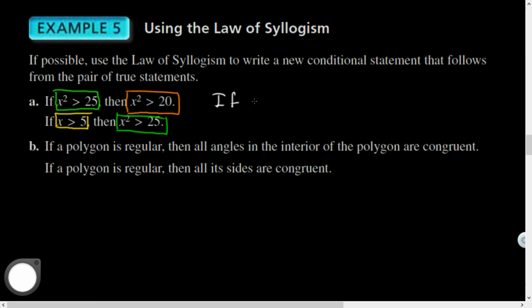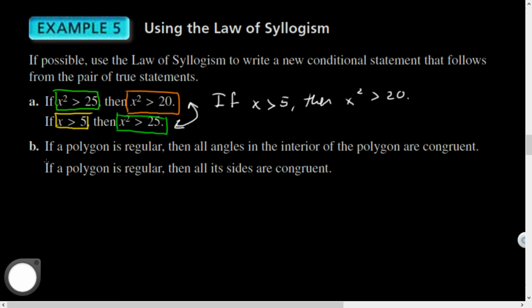So yeah, if x is greater than 5, then x squared is greater than 20. They gave it to you in the opposite order, logically, than it was first presented, right? But if I wrote these the other way, it would have been in the order that the law of syllogism was given to us.